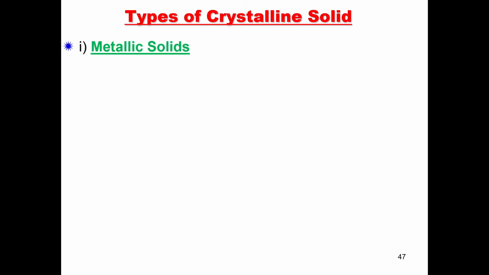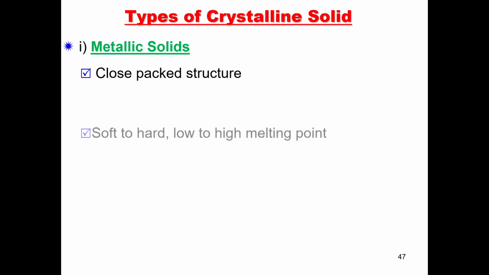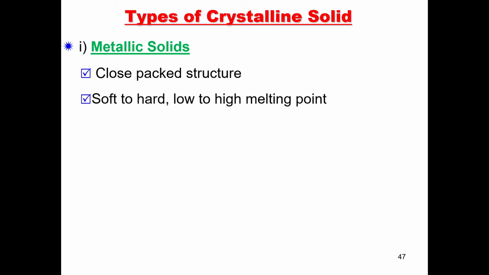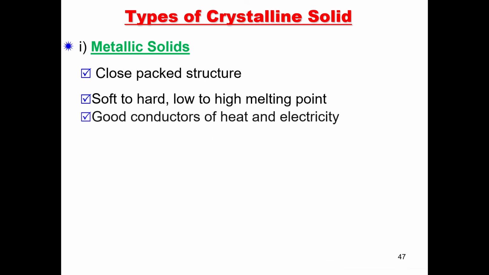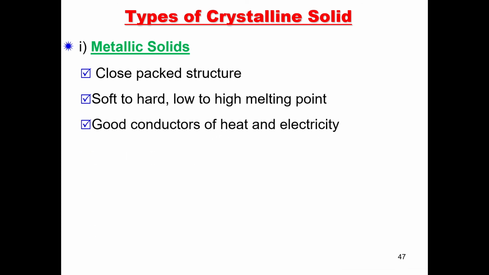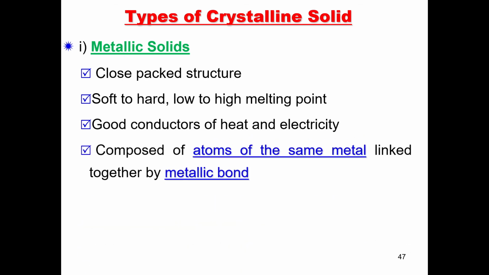Okay, so kita tengok apakah dia metallic solids. So metallic solid is arranged in a close packed structure. It is soft to hard, low to high melting point. It is a good conductor of heat and electricity. And it is also composed of atoms of the same metal linked together by metallic bond. So kita dah belajar metallic bond in the previous chapter, chapter 4.